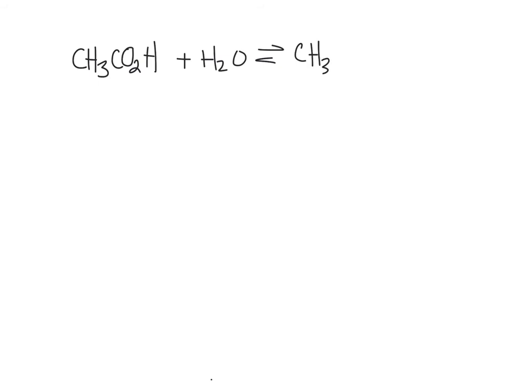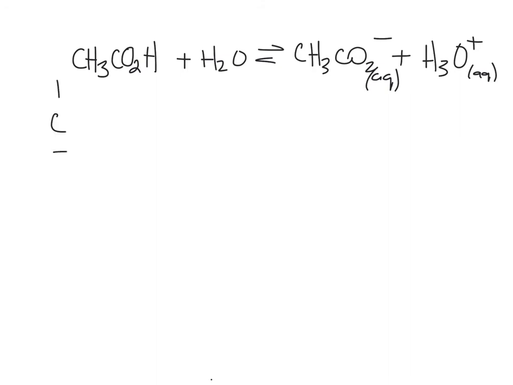So here's our chemical equation. We've got acetic acid, or ethanoic acid, and its conjugate base is the acetate, or ethanoate, ion.